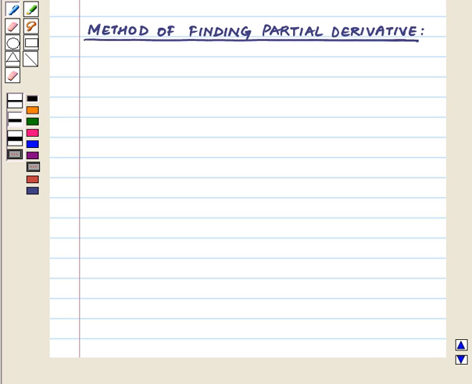Now let us discuss the method of finding partial derivative. Suppose we have a function z is equal to f of xy, where z is the dependent variable and x and y are independent variables.